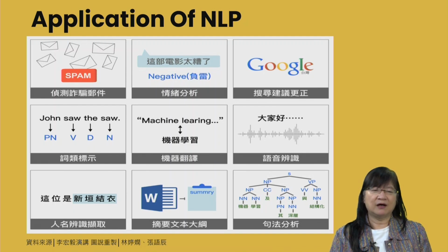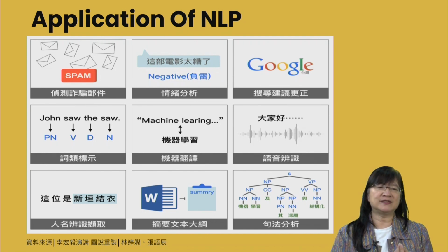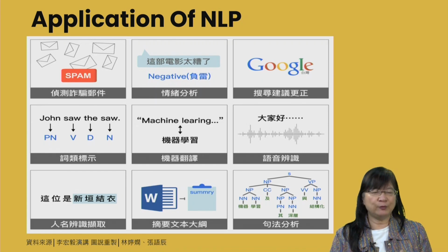Some comments or responses from an audience, or if you go to a restaurant and give your feedback to them, the NLP application will check whether this is a negative response, a positive statement, or a neutral one. So this is sentiment analysis. And for Google, and now from Google to ChatGPT, we use that.